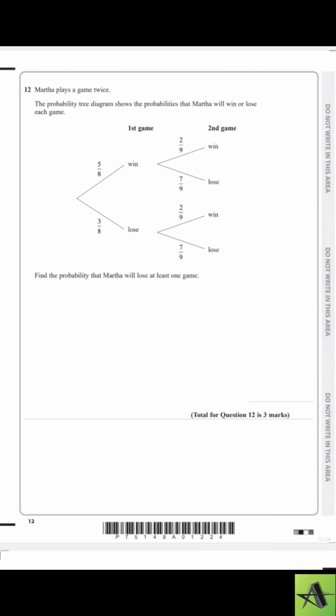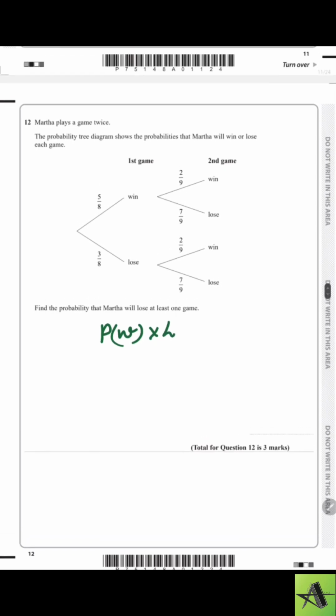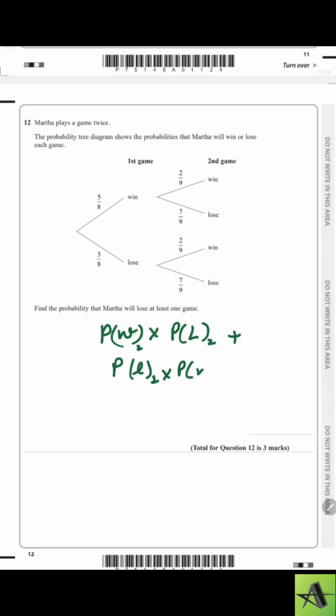So that means Martha can win the first game but lose the second game. Okay, so the probability of losing the second game, I can say, it's the probability of losing the second game, plus she can lose the first game and win the second game, plus she will lose both the games.